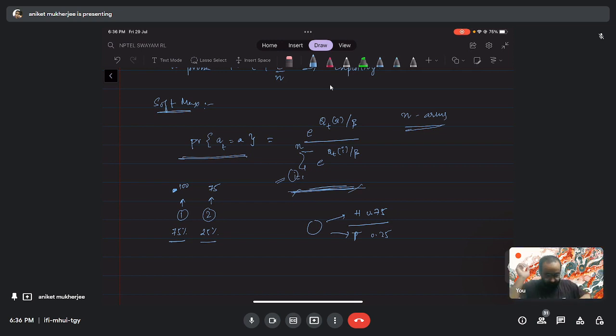Even after calculating these probabilities, it is still random. The randomness is there. You're not picking the arm which gives the maximum. You're basically designing the algorithm in such a way that you get an underlying probability distribution, and using that probability distribution, you pick the arms.